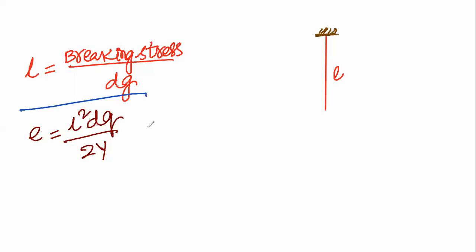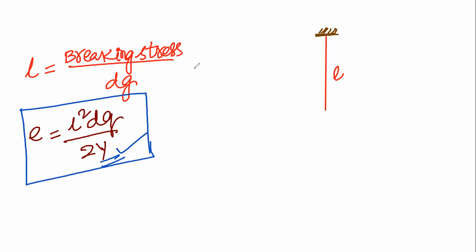Due to length L, density D and Young's modulus Y, the extension in the length is e equals L squared dg divided by 2y. This is the extension due to its own weight.